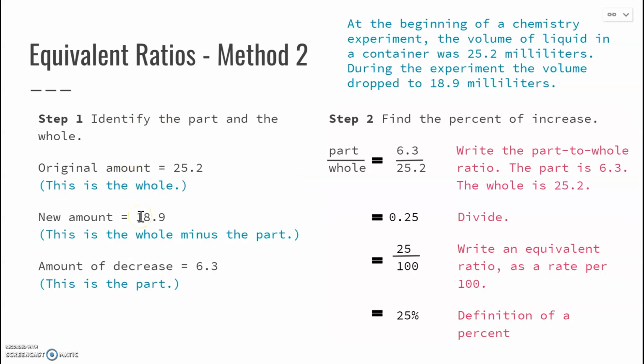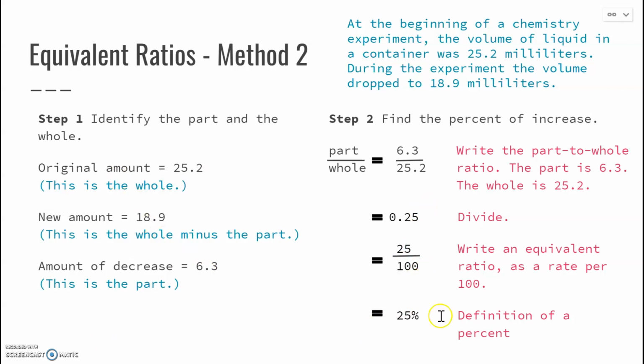And our new amount is 18.9. So we're going to take our part over our whole, 6.3 over 25.2, and then you divide it. It's 0.25. Remember, your new amount is the whole minus the part. You turn your 0.25 into a fraction, 25 over 100, and get 25%.